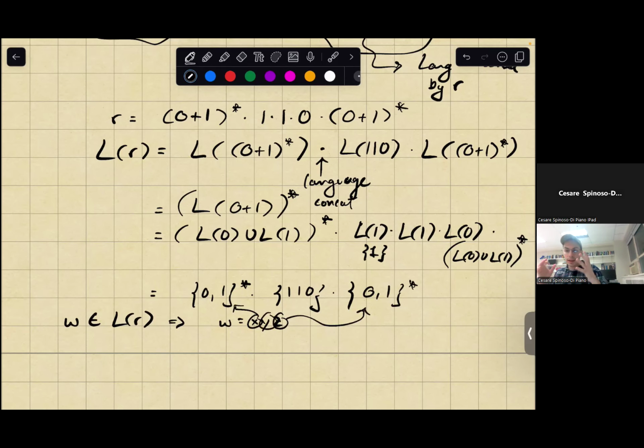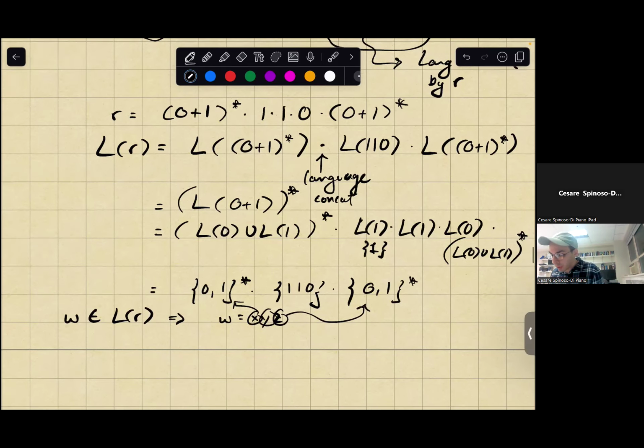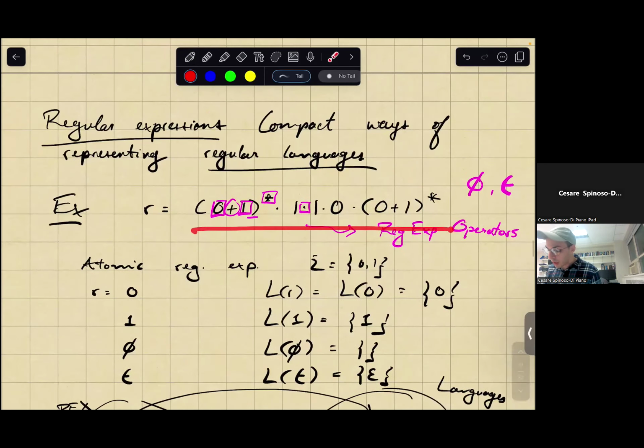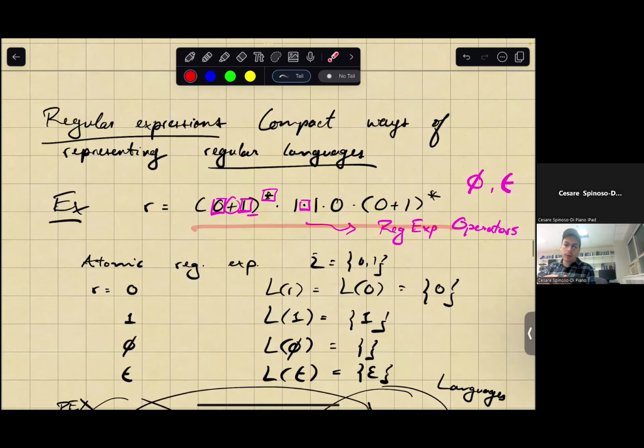And then Y is 110, that's the subpart. So starting from this regular expression and using the atomic regular expressions, what they denote, and then using the regular expression operations to build up more complicated regular expressions, you can denote more complicated equivalent languages, right?